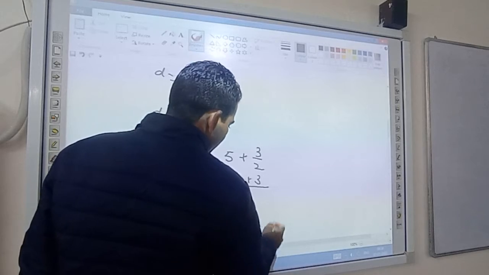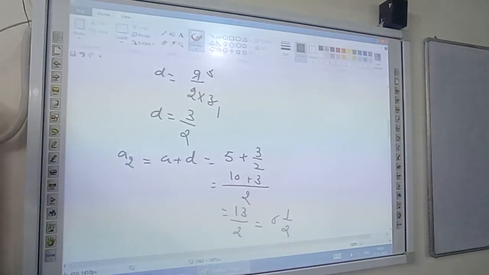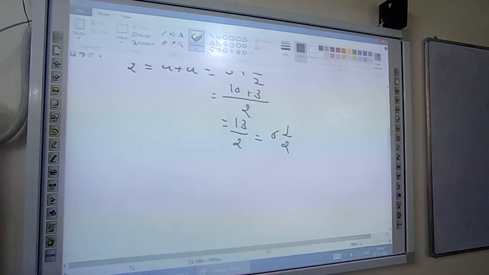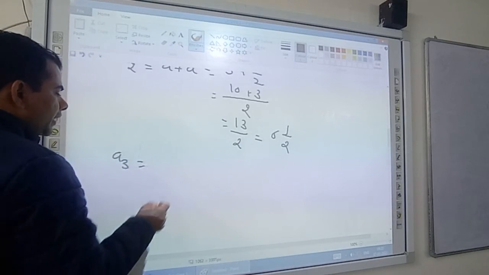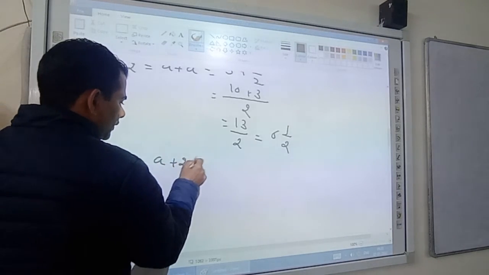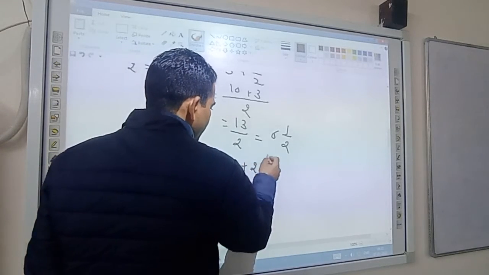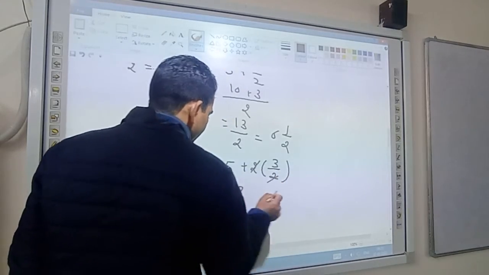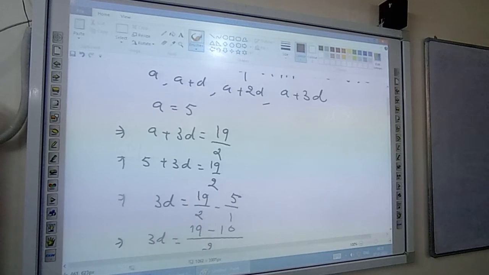It can be written as 6 1 by 2. Am I right or wrong? Right, yes. Third term is A plus 2D. A is 5, D is 3 by 2. 2 into 3 by 2 is 3. 5 plus 3 is 8. Yes, do it fast.